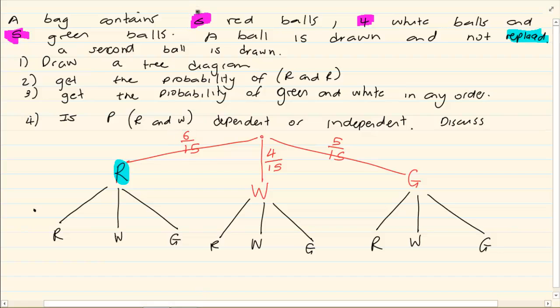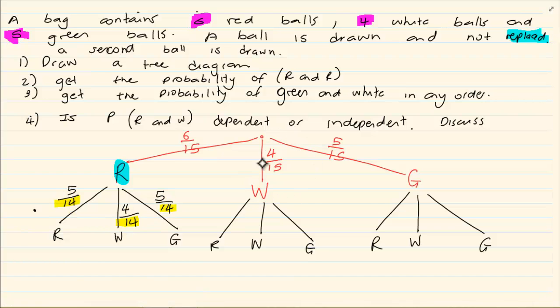That's what they told us. But now you took out one, so you only have 5 left. How many white do you have? You still have 4. How many green do you have? You still have 5. But now, if there were 15 balls in the bag and you took out one, how many are left? There's only 14. So remember, when you are not replacing, the denominator changed.